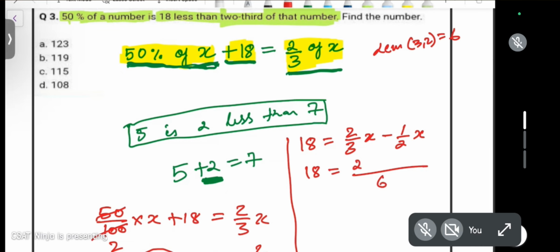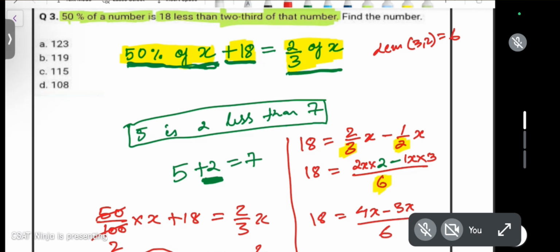And 3x into how much is the LCM? 3 times 2, so I'll multiply it with 2 here, minus 2 times how much is the LCM? 2 times 3 is the LCM. So which means 18 is equal to 4x minus 3x divided by 6.